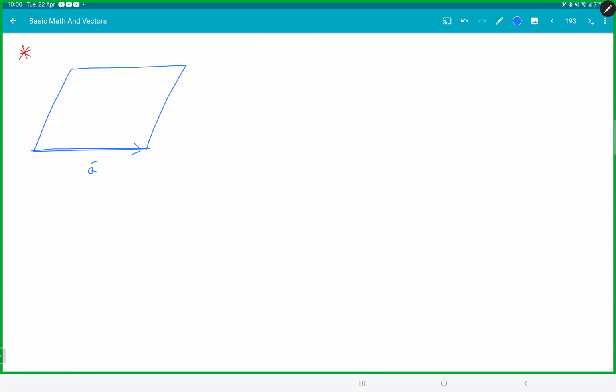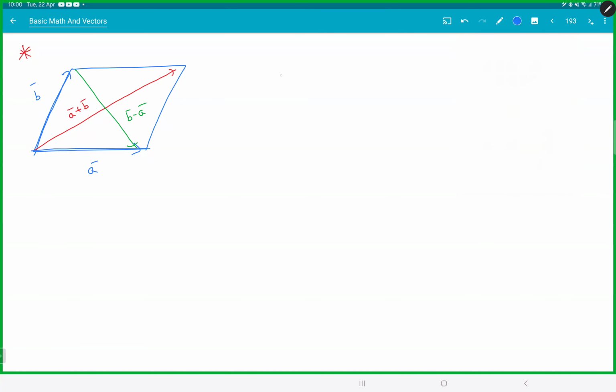If this is A bar and this is B bar, we know this diagonal is, wait, it's not A cross B, it's A plus B. So A bar plus B bar will give you the diagonal of the parallelogram. If you take the other diagonal, this will be B bar minus A bar.